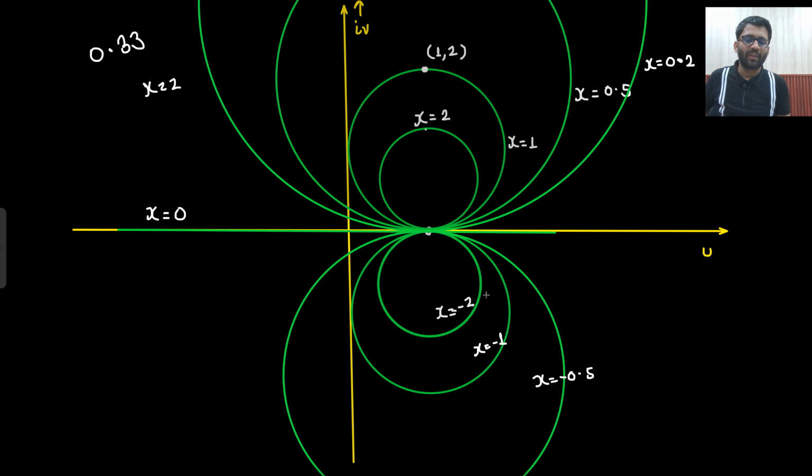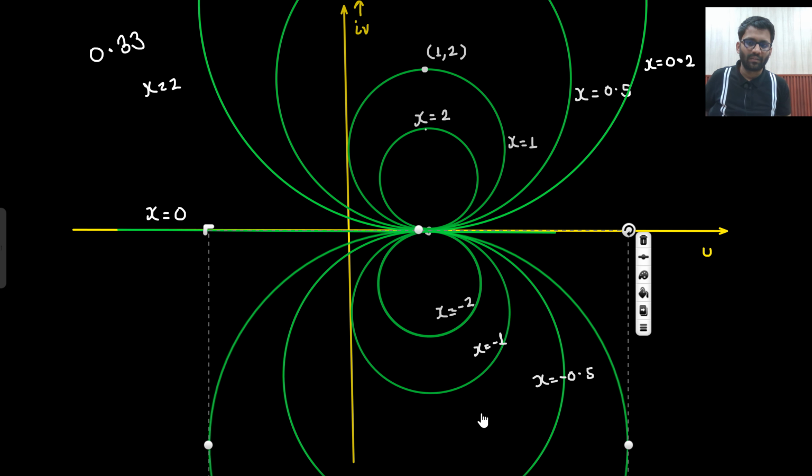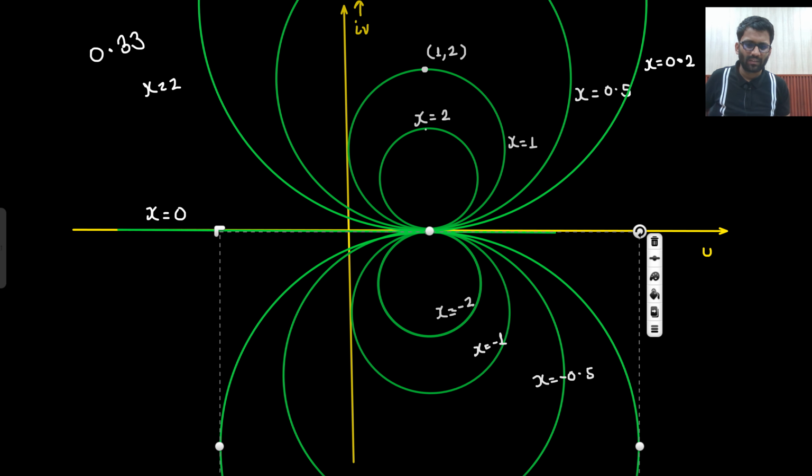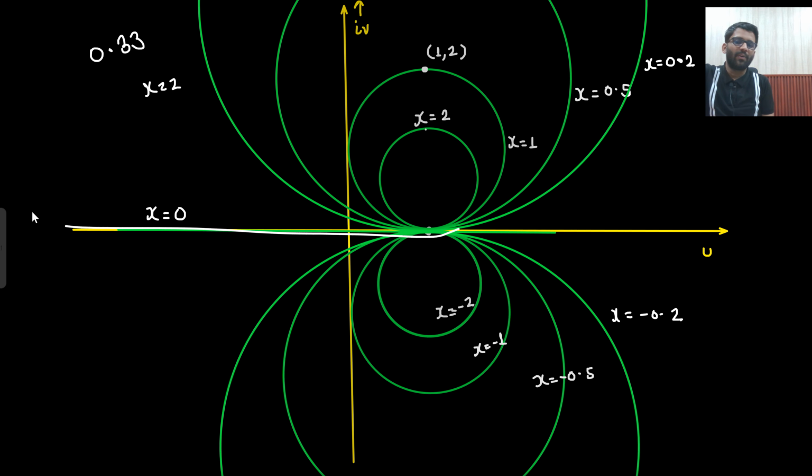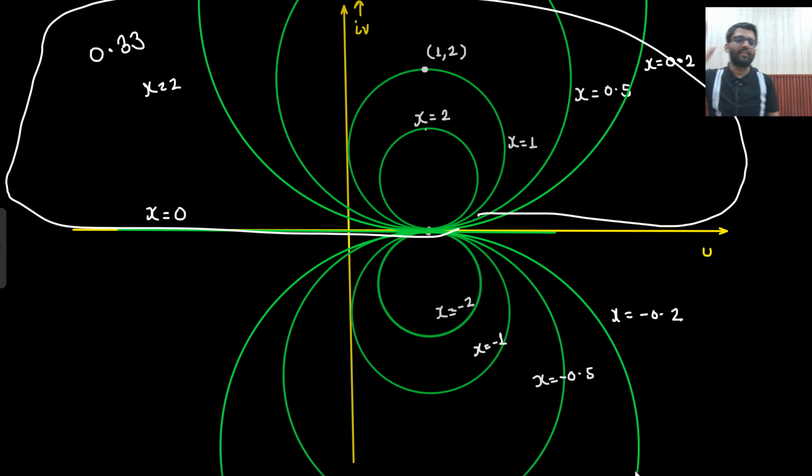And what about x equals to minus 2? That circle will be somewhat like this. This circle is for x equals to minus 0.2. As the size of the circle is getting bigger, when x is equal to 0, it feels like it is completely horizontal. Later on, at infinity it will become curvy, and then it will be closing like this.